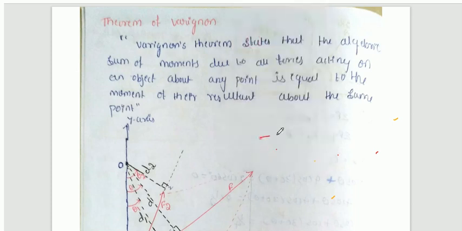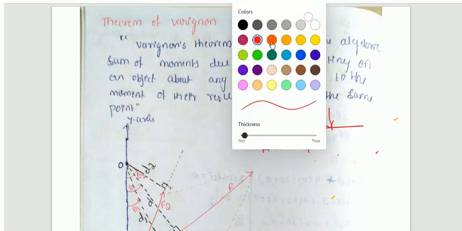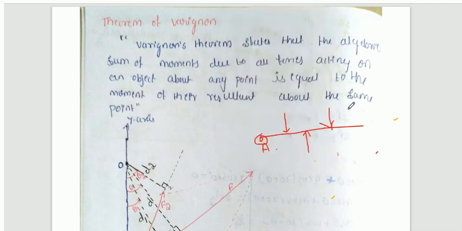If you are considering a beam with a number of forces acting, vertical, horizontal, a number of forces, suppose this is the point A. Then the summation of the moments of all the forces about point A is equal to the moment of their resultant.